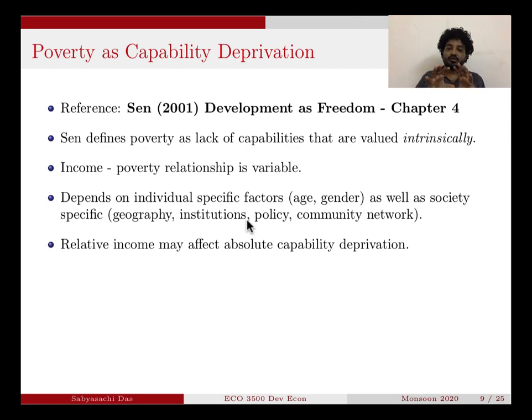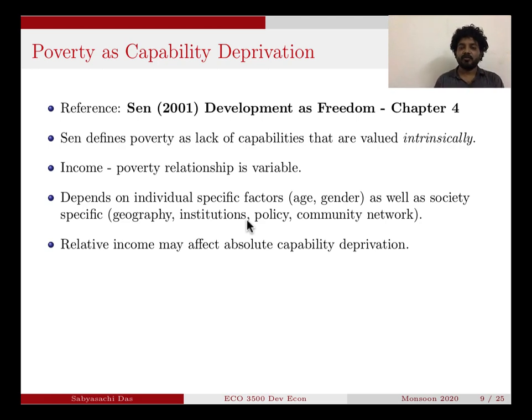So the idea is to think not about income poverty but poverty as capability deprivation, and about to what extent income may or may not ameliorate them, and to what extent we have a role for the government and the community or society in general to step in and expand this set of capabilities for individuals.